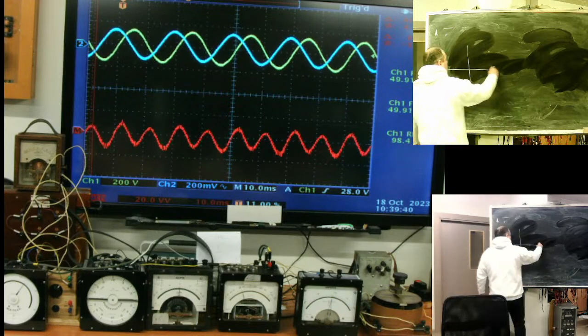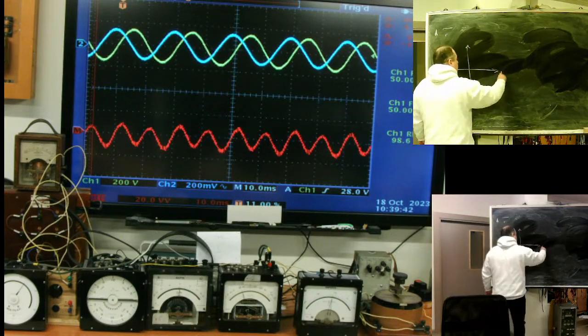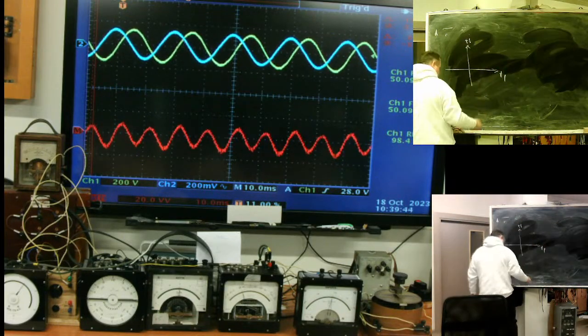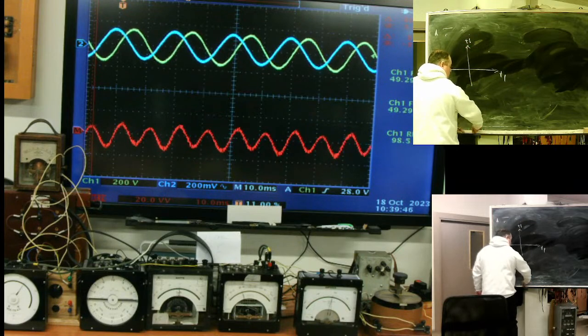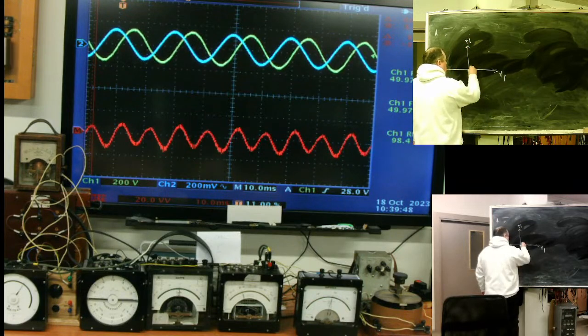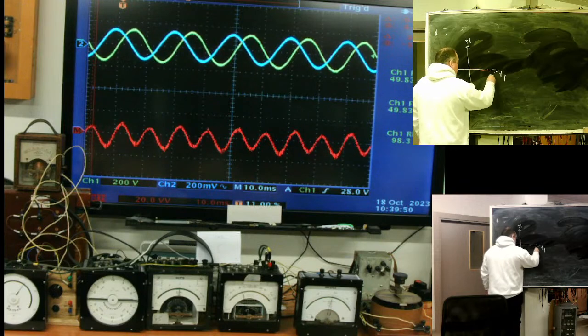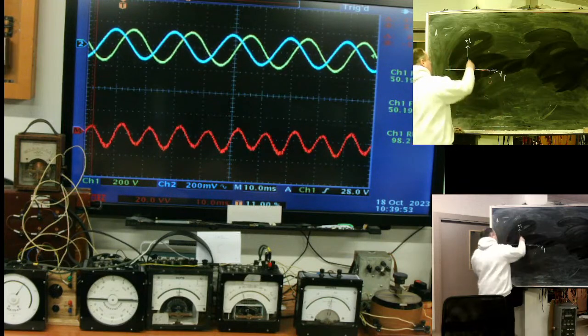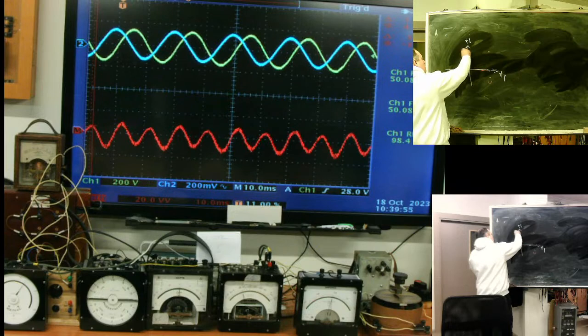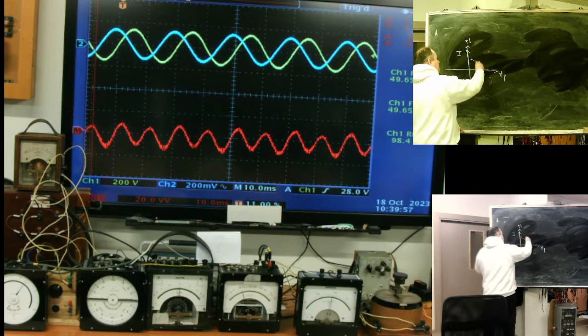Here at the limit, I have a mode like this: voltage and leading current.